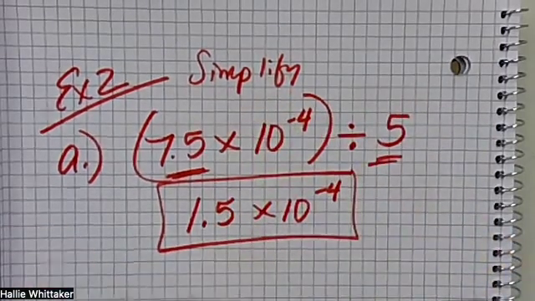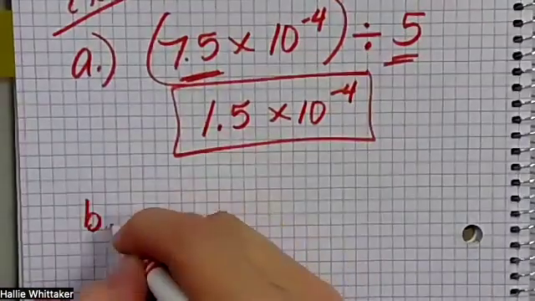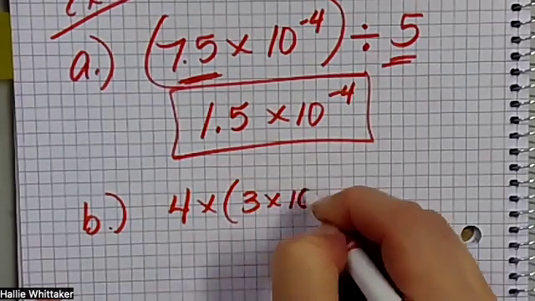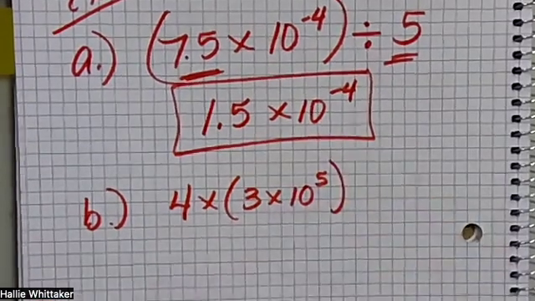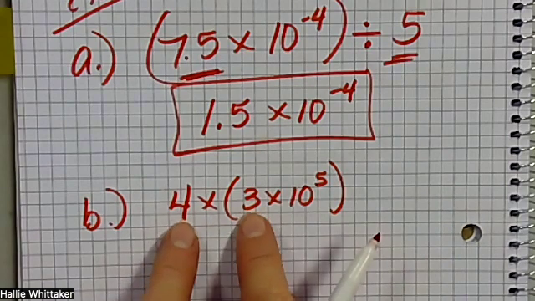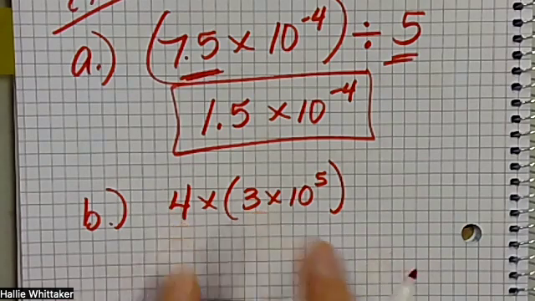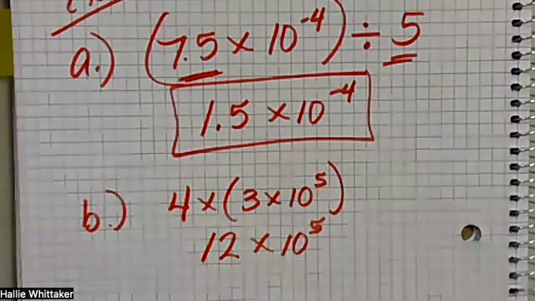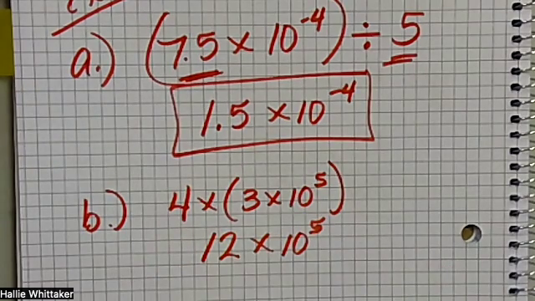Good? Okay. B, now you know they're not going to stay that easy. But you all can handle them. Okay. Again, kind of like looking for your like terms. Your 4 and your 3, they're just your regular old integers. So multiply those. 4 times 3 is 12 times 10 to the 5th. Can I leave my answer like that? No, Travis, because the 12 is? Yep, that's our problem. It's bigger than 10.